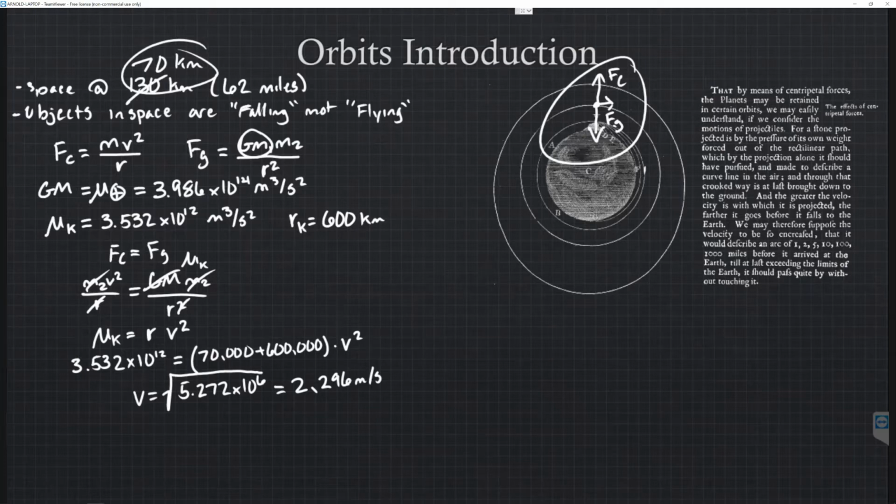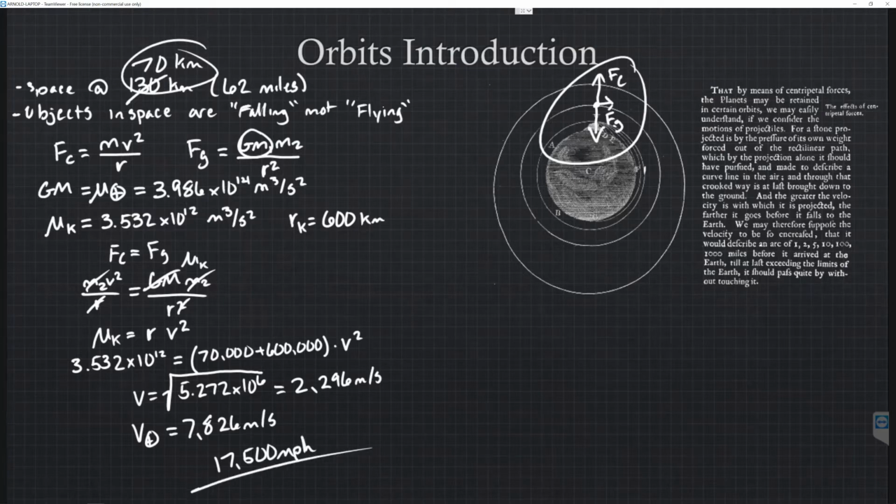So to achieve a circular orbit around Kerbin, we need to apply a lot of energy to get there. It's not as simple as just going straight up and hoping that we stay up there. We're actually moving at quite a speed. For reference, the circular velocity around Earth at about 300 kilometers is equal to 7,826 meters per second, or 17,500 miles per hour.